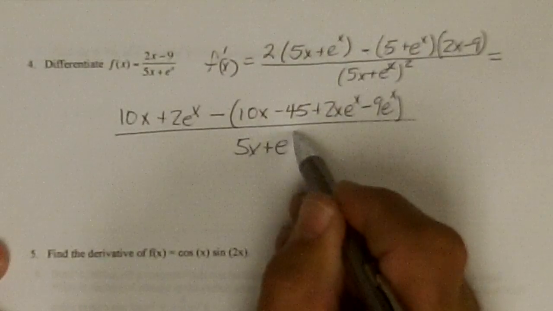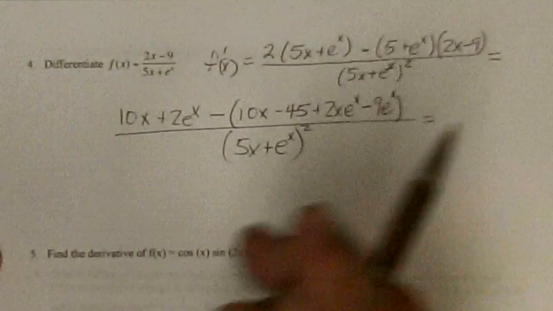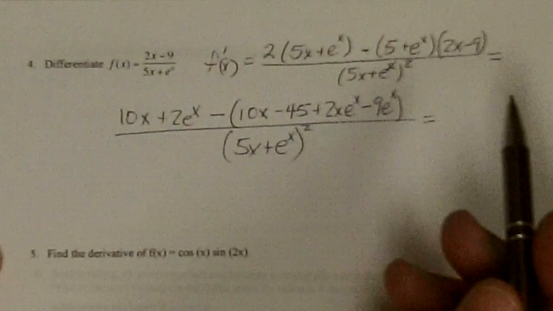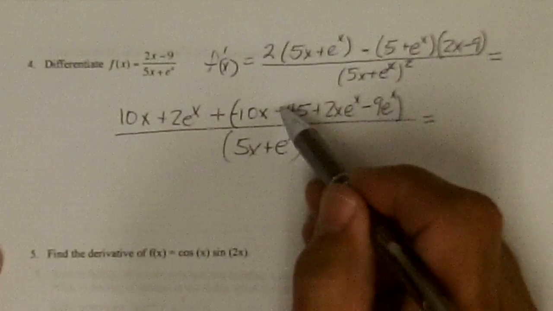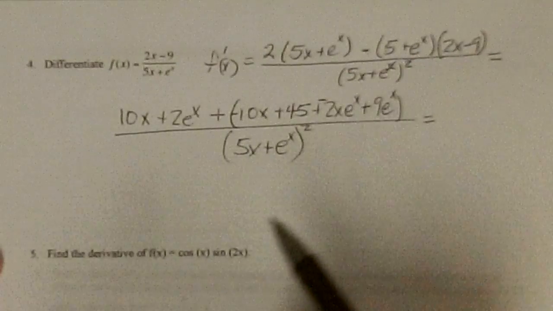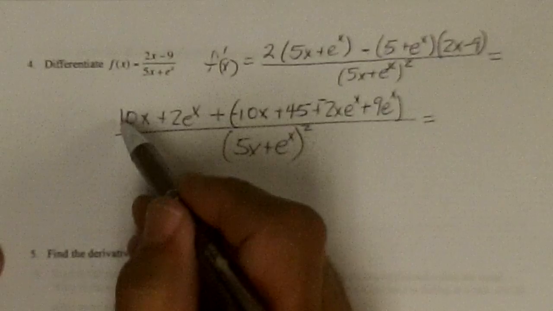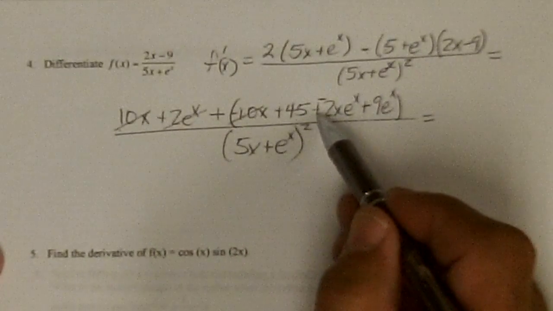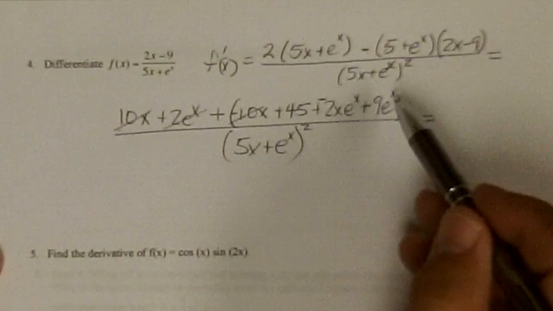5x plus e to the x quantity squared, which would be, now I can distribute that minus, which makes that 10x be negative 10x plus 45 minus 2 plus 9, and so now I get 10x minus 10x, they're gone. I got 2e to the x minus 2x e to the x, so they don't cancel.